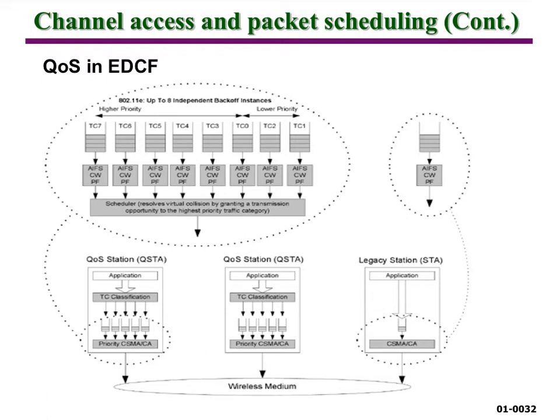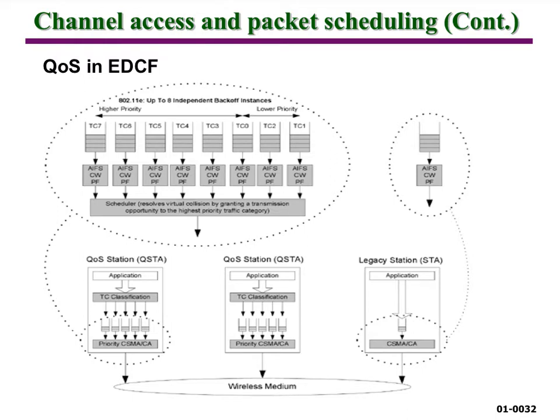Based on the 3 parameters that we have, AIFS, contention window, and persistence factor, this queue gets served with a higher priority. If there's nothing in this queue, then we go to the next queue, which means that this will have the highest priority in accessing the channel, and then the next queue, and then the next queue. That's different from weighted fair queuing, right?